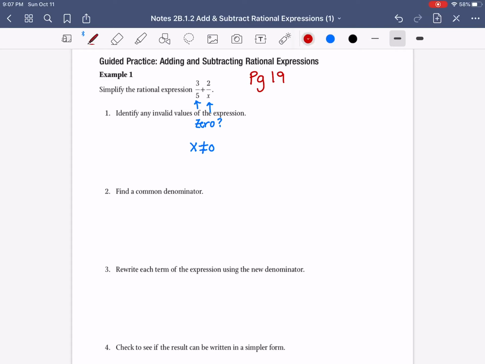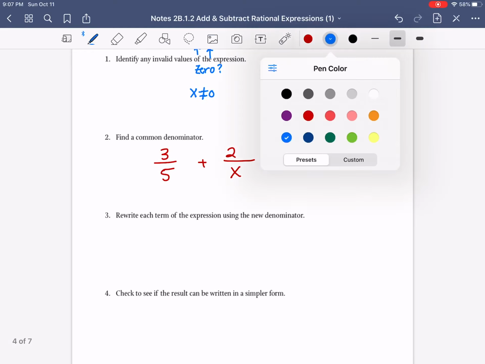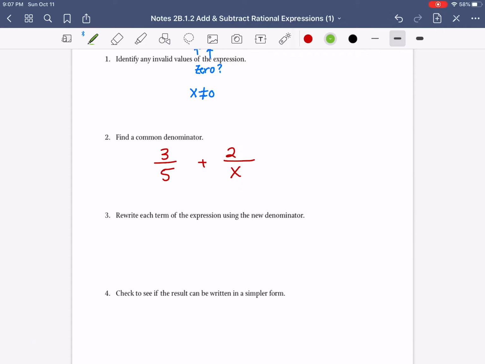Then we're going to look at our pieces. It says find a common denominator. So I have 3/5, and I'm going to space them out, and 2/x. When you look at your denominators, the first one says 5 and the next one says x. So the first fraction is missing the x, and the second fraction is missing the 5.